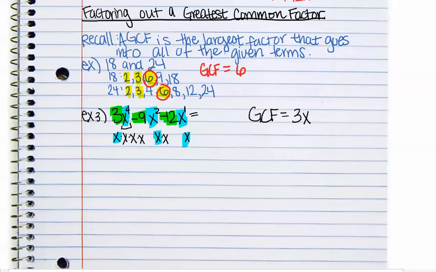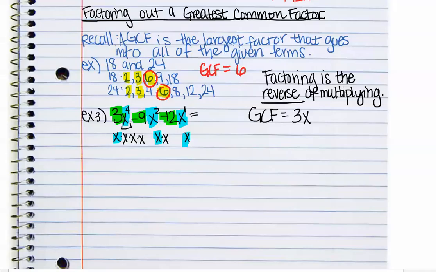All right, so part of your homework is going to be finding the GCF. The second part of it is going to be factoring it out. Okay, so factoring, I'll write this here. Factoring is the reverse of multiplying when it comes to polynomials. It's not exactly dividing.